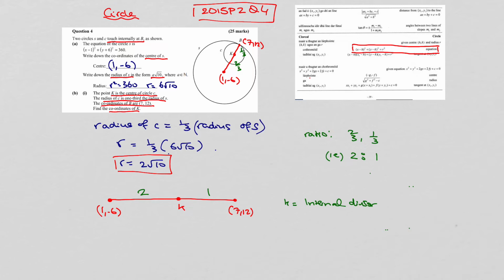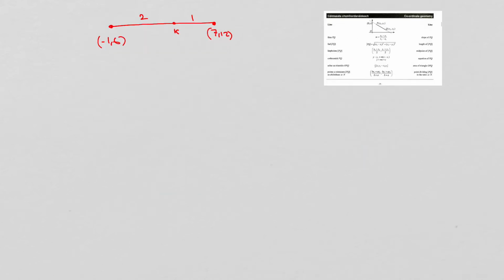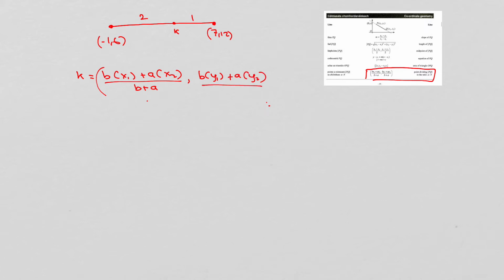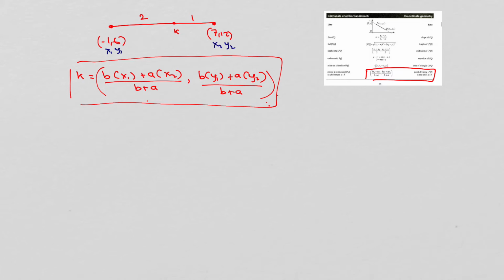And again, if we go to our maths tables for our internal divisor formula, we can see down the bottom of page 18 the formula that we are going to use to find K. So in other words, K is going to be (B times x1 plus A times x2) over (B plus A), (B times y1 plus A times y2) over (B plus A), where x1, y1 is going to be 1, minus 6, x2, y2 is going to be 7, 12, and our ratio is A to B. So it's always A times the x2, y2, so you can see that's the opposite point, and B times the x1, y1, so again the opposite point.